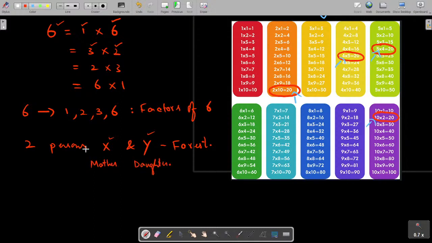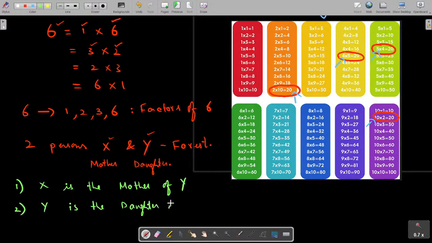Who is the mother? X. Who is the daughter? Y. I am going to make two lines here. First line: X is the mother of Y. Am I right? Second one: Y is the daughter of X.